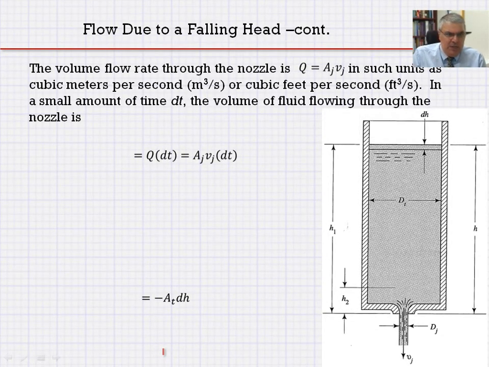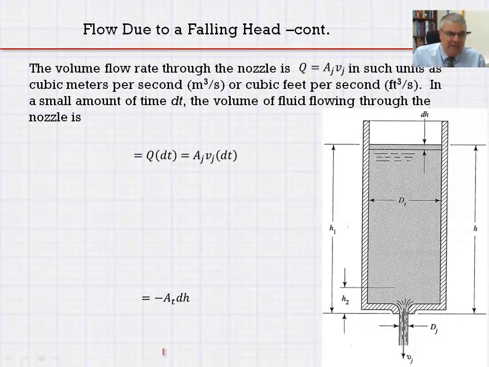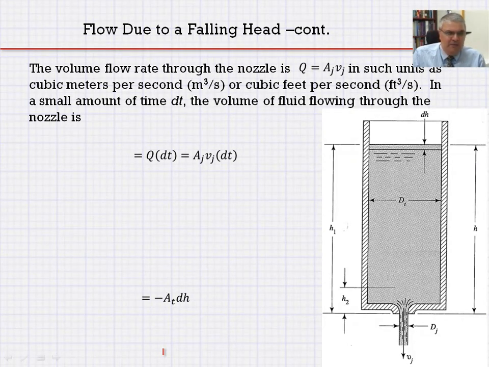J stands for jet. The volume flow rate through the nozzle, as we've discussed previously, is A multiplied by the velocity, so A sub j times V sub j. That is in the unit of cubic meters per second or cubic feet per second.